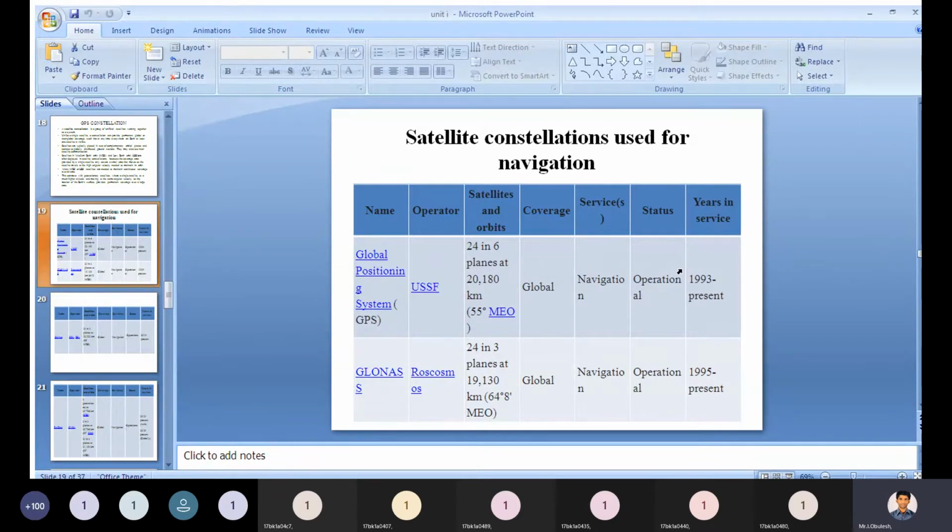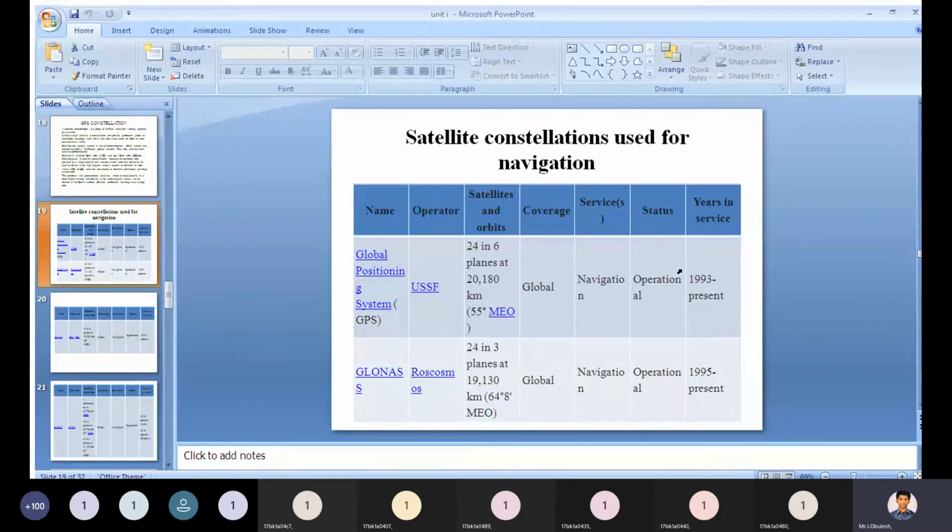24 satellites only. These 24 satellites are kept in 3 planes, at a range of 19,130 kilometers. The angle with the equator is 64 degrees, in MEO, medium earth orbit, and it covers globally, used for navigation purposes.